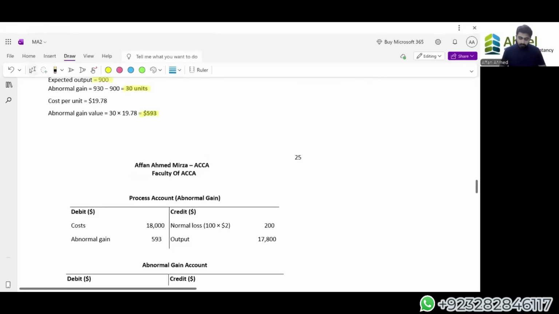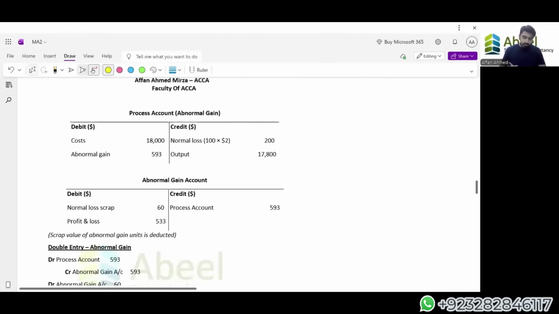So the abnormal gain will be posted on the debit side of your process account, because this is the additional benefit. These goods are additional to us, and they are going to be sold in the market for an additional price. So abnormal gain will be debited, having the complete transactions.